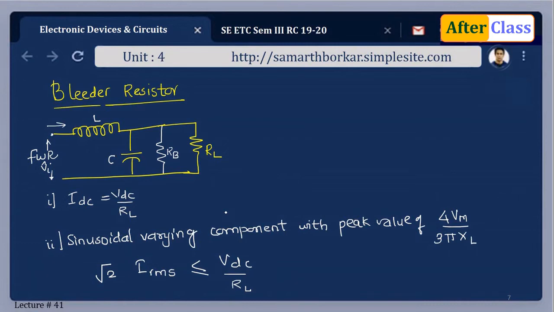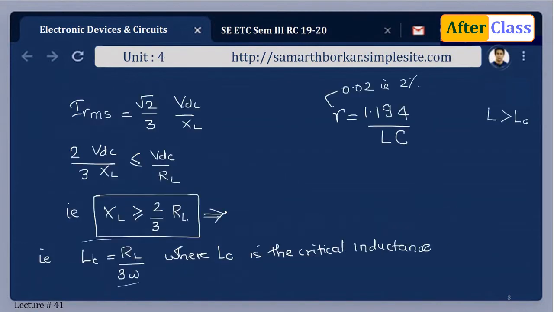And if it is so, then for this equation, if RL is infinite, that means the value of inductance will also tend to be infinity. XL is 2 omega L. So for open circuit condition, the value of XL also happens to be infinite.